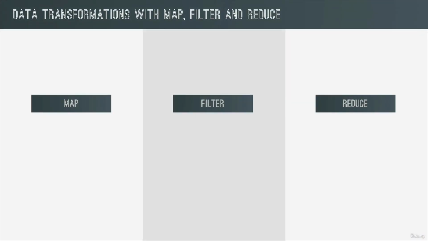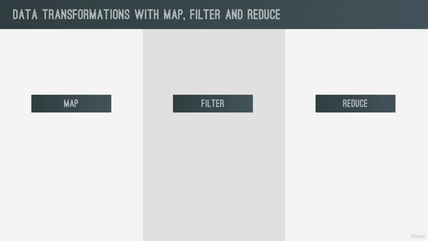And the tools I'm talking about are map, filter, and reduce. So these are three array methods, and in this lecture I'm going to give you a quick overview of them. Then, over the next couple of lectures, we're going to dive deep into these three methods in practice so that we can use them throughout the rest of the course.